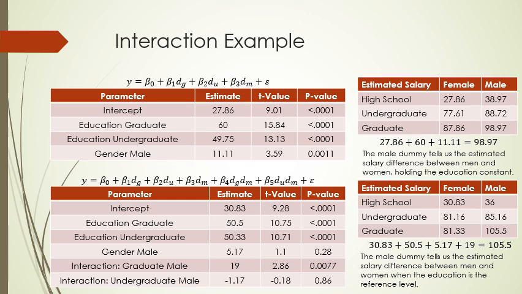Here, the estimated salary difference is 5.17K, no longer significant, with a p-value of 0.28. Also, the education dummy variables have similarly different meanings when the interaction terms are included.